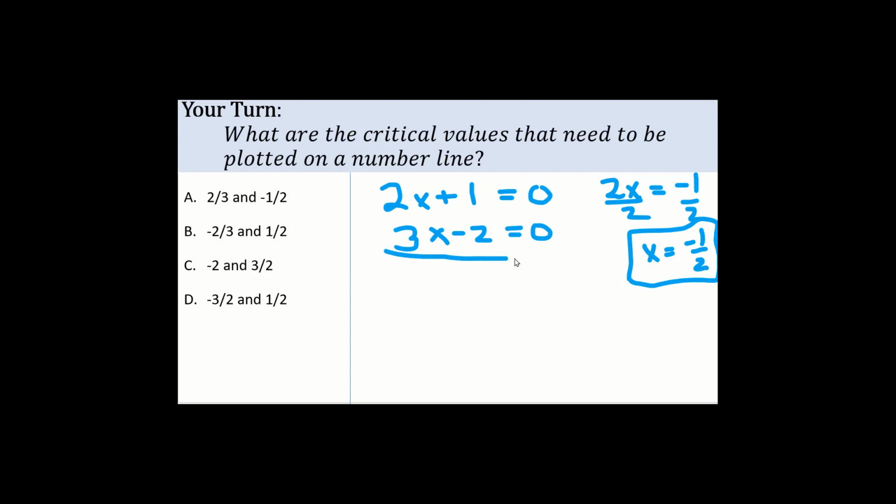Now let's look at this second part. Start by adding 2 to both sides. And then you'll have 3x equals 2. And then divide by 3 to get x equals 2/3.